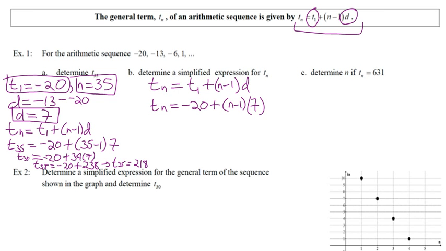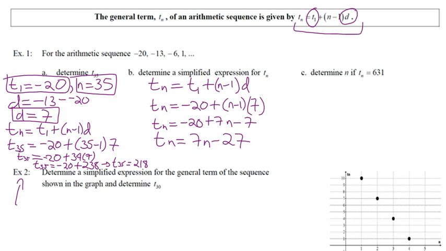And when I say this, I mean this stuff here. It's a little harder. Right? There's no glowing yellow dot and blue. Right. Okay, so all we're going to do is simplify. So it's negative 20 plus 7n minus 7, which is equal to 7n minus 27, right?